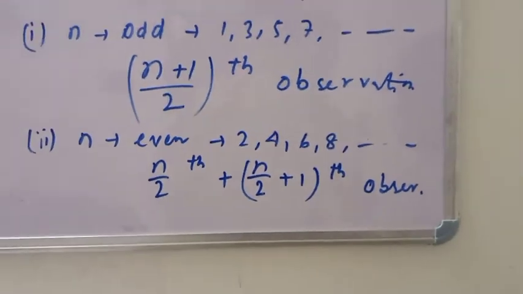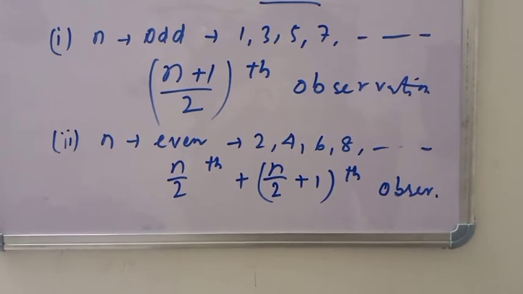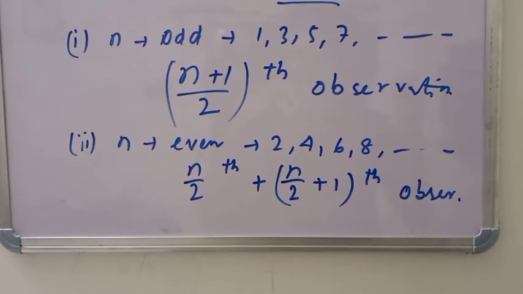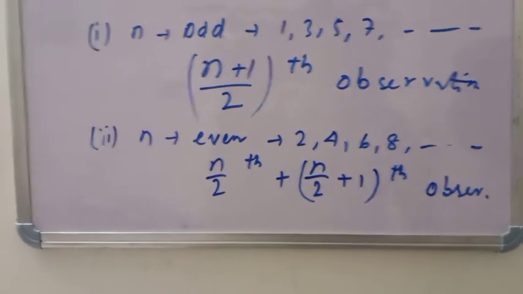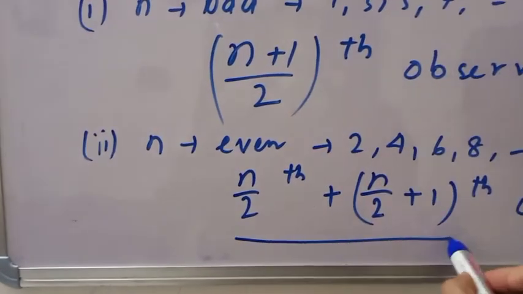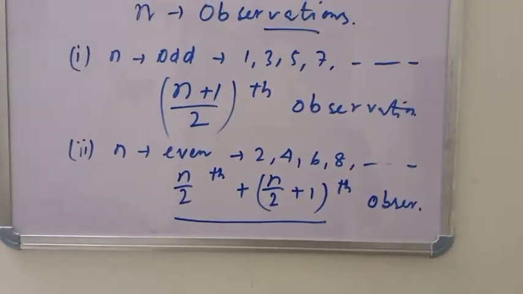Okay, so the n by 2 th observation plus the (n by 2 plus 1) th observation, if n is even.